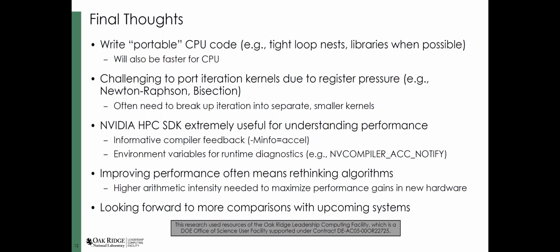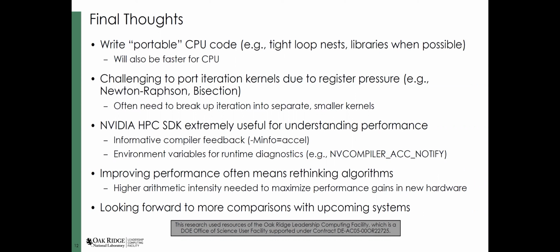And then there's also these very useful environment variables like NV_ACC_NOTIFY, that tells you very explicitly what data movement is happening, when synchronizations are happening. It's a lot to look through, but a few times I've found some synchronizations or data movement that I thought shouldn't be happening, but was because of some oversight.